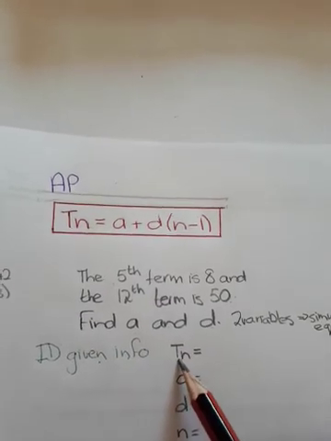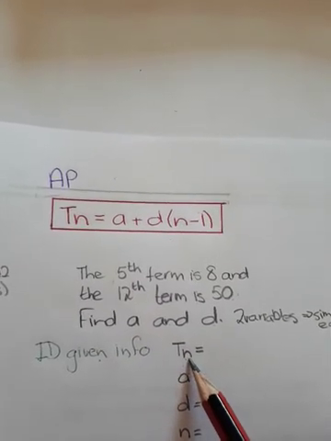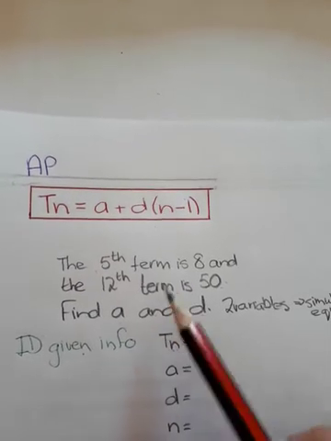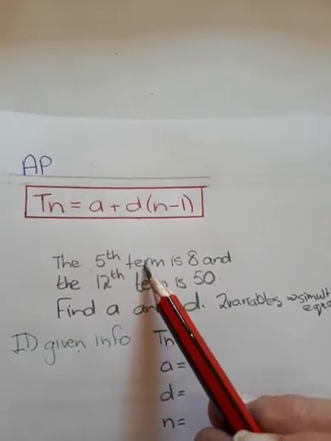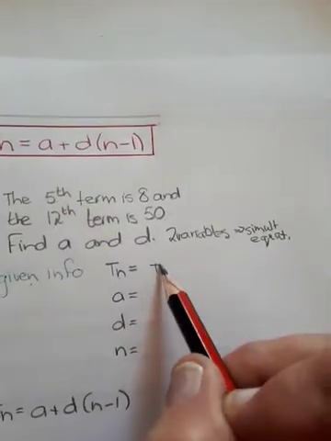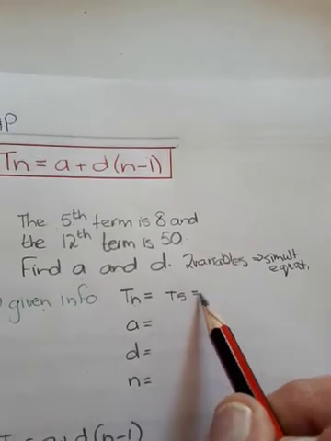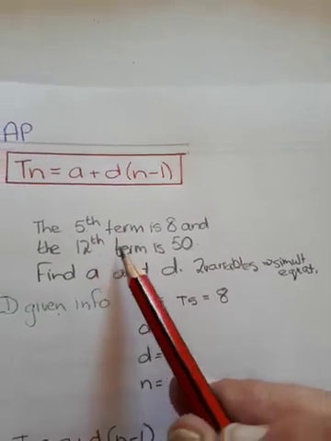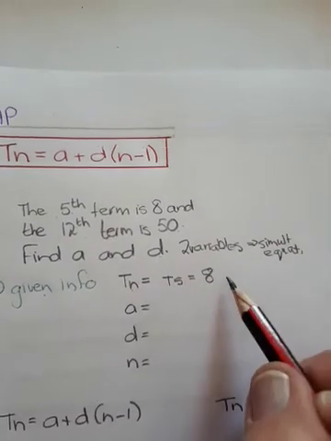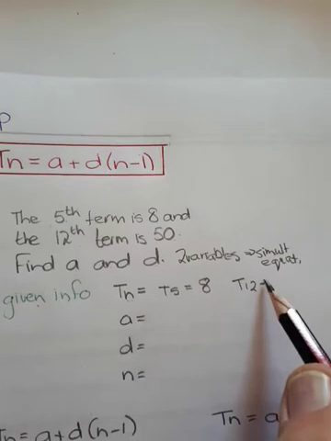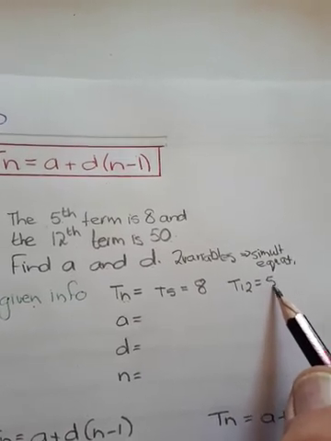Now Tn, people, they don't ask you for Tn. They also don't give you Tn. In fact, they give you term 5, so term 5 equals 8. And they also give you term 12, so term 12 equals 50.